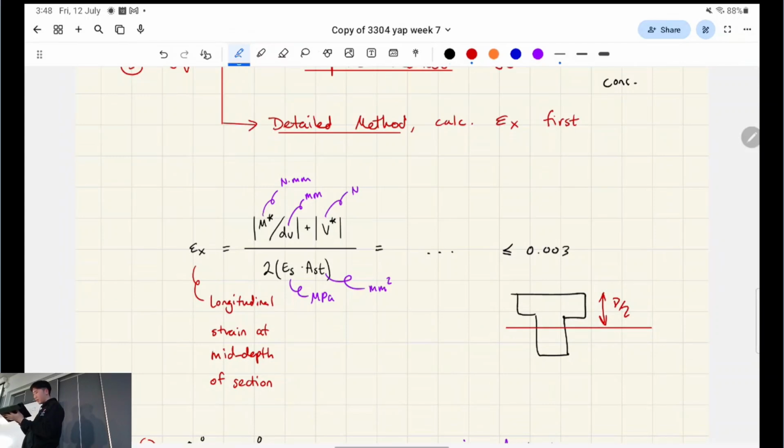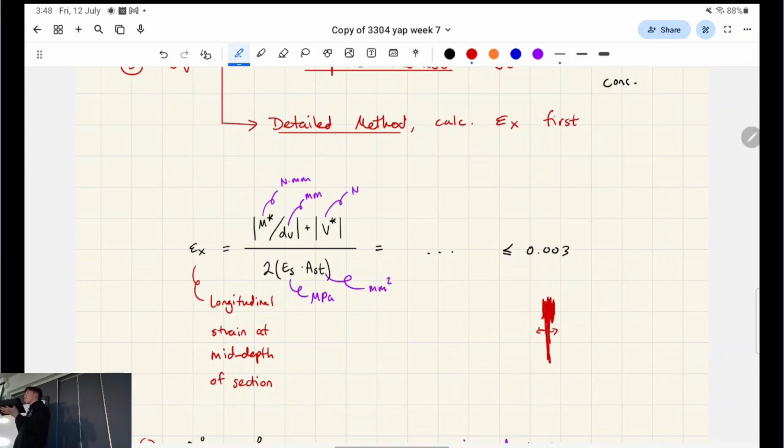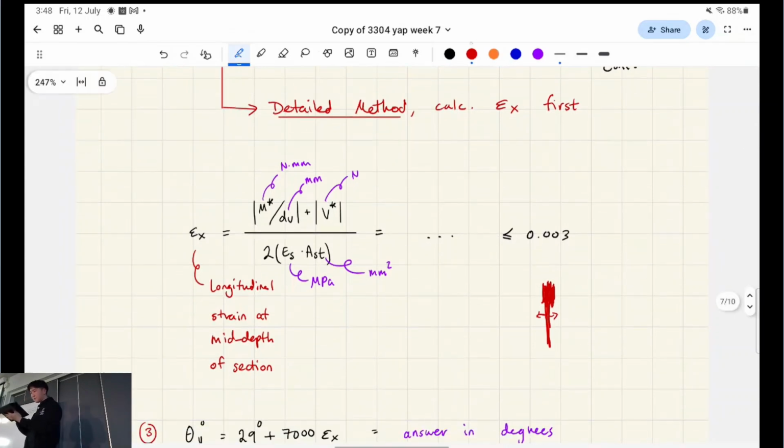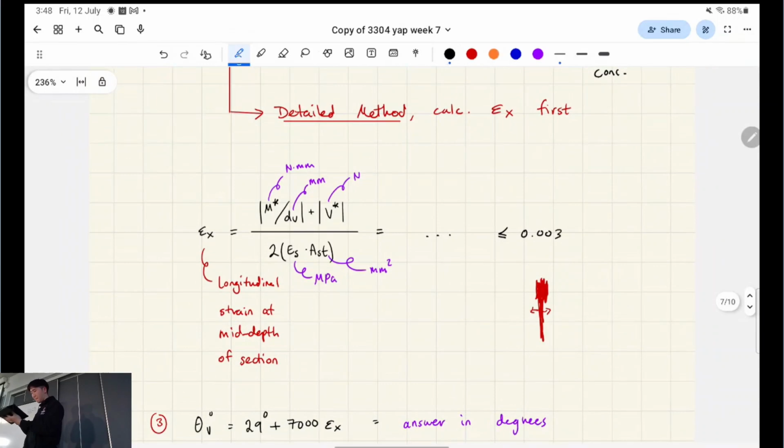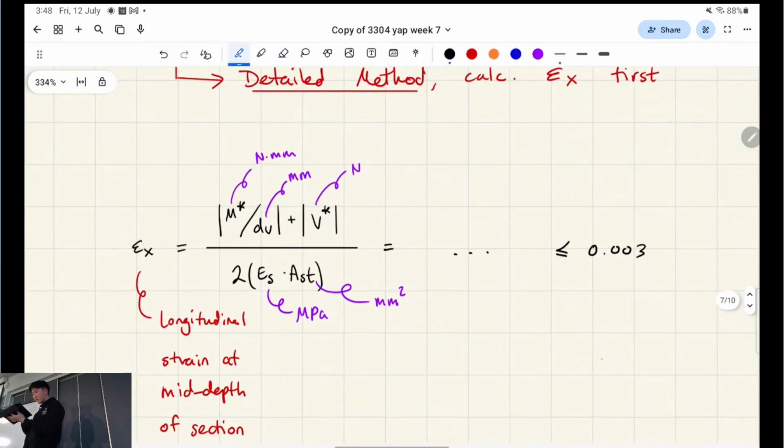So longitudinal strain, if we look at it side-on, right? So that's the T-beam, where that's the flange, right? We're talking about this, how much it's strained away from where it's supposed to be, right, at that mid-depth. Okay. But this is why we had to calculate the left-hand side first.